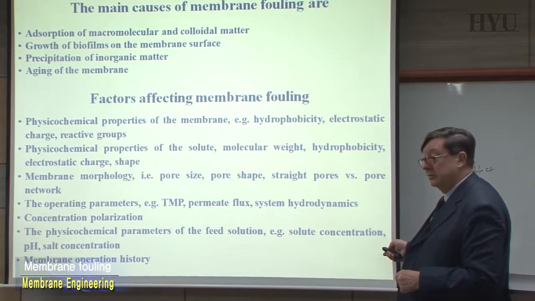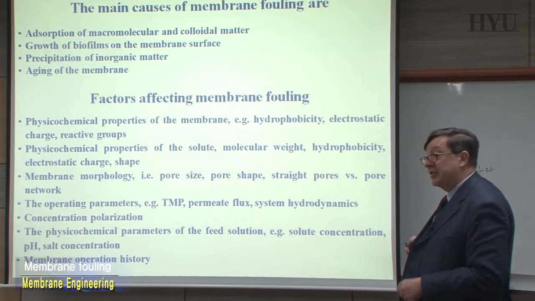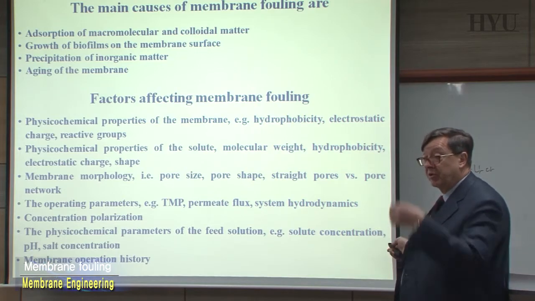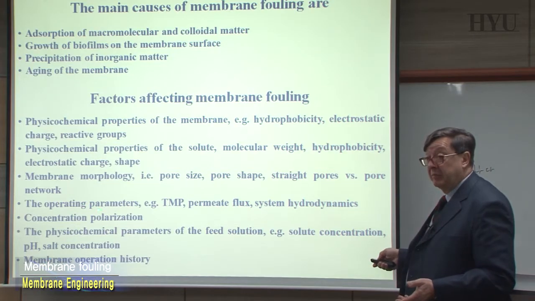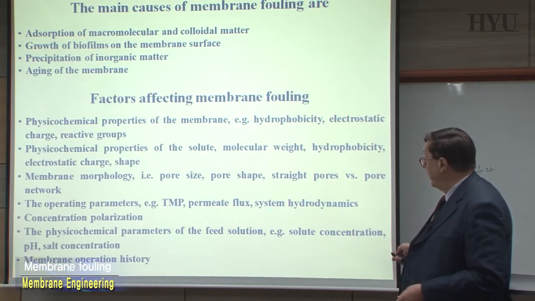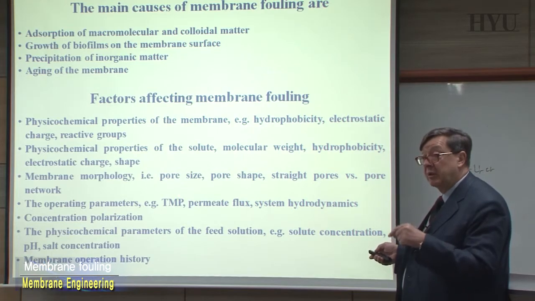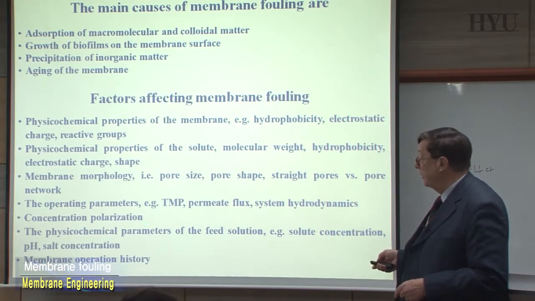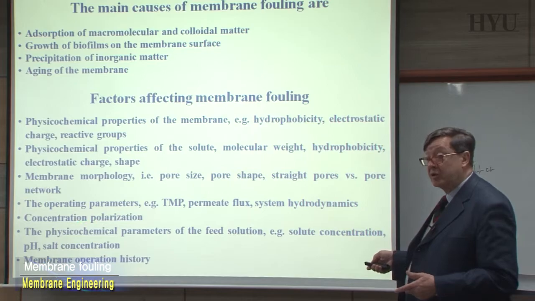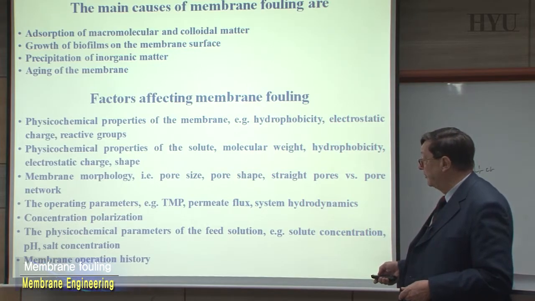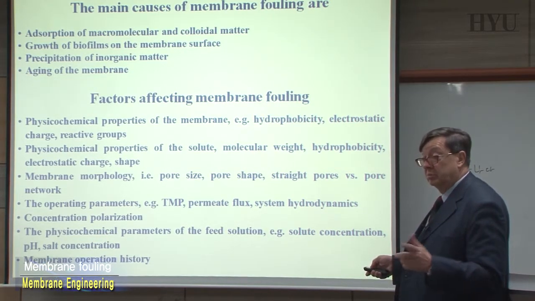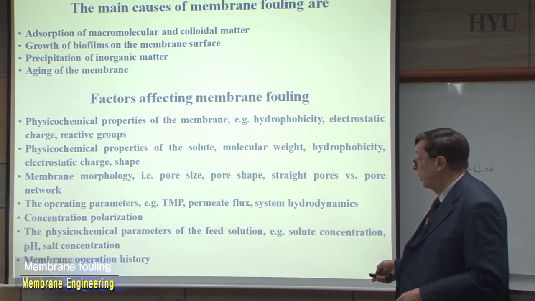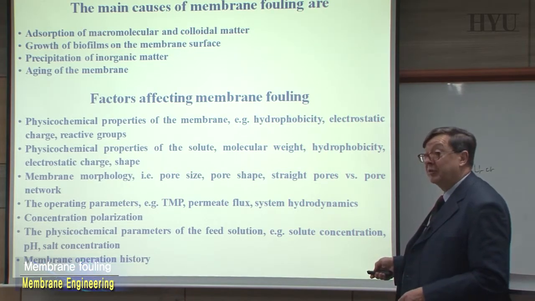Pore size, shape of the pore, just the fact that your pore has some tortuosity or is just linear, etc., can have significant importance. All the operating parameters: transmembrane pressure, temperature, the flow dynamic, that means the cross flow on your membrane, that means the control of concentration polarization, which is related to this parameter, and properties of the solution you are treating: concentration, pH, ionic strength, as I was mentioning before, and again, the history of the membranes.